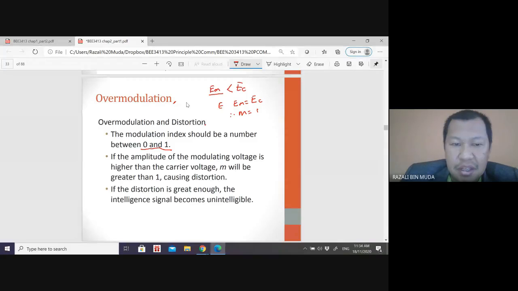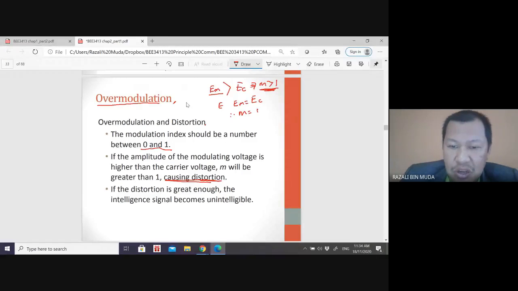But if the amplitude of the modulating voltage is higher than the carrier, if this is not fulfilled, so EM is now bigger than EC, M will be greater than 1, causing distortion. So when M is bigger than 1, it is called over modulation, and distortion will happen.